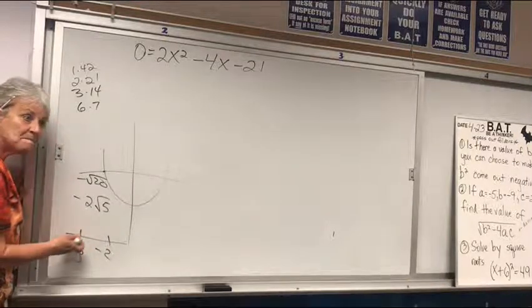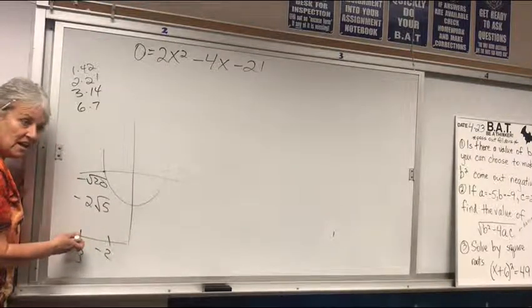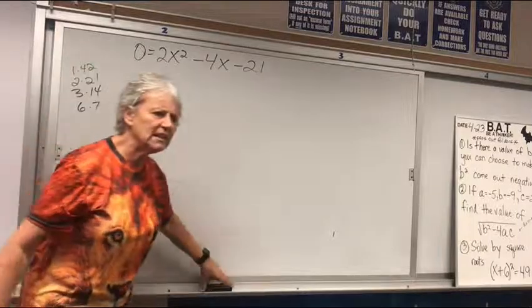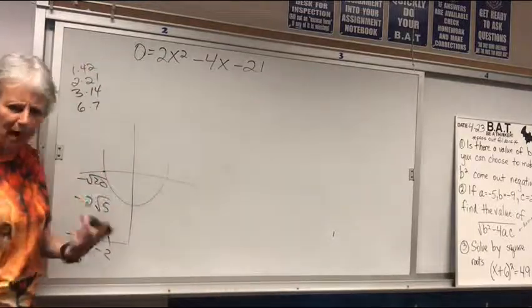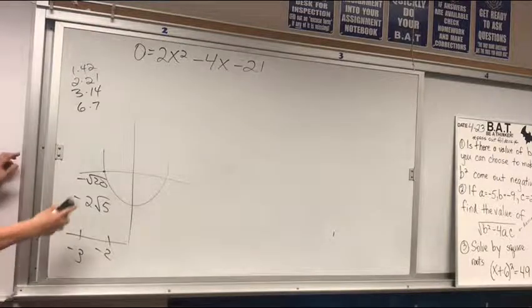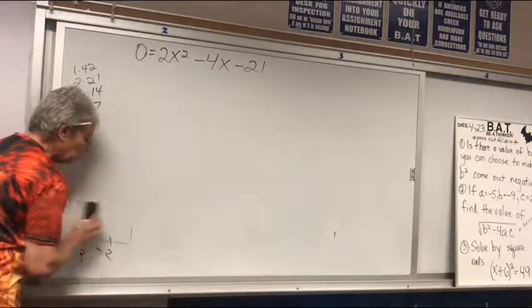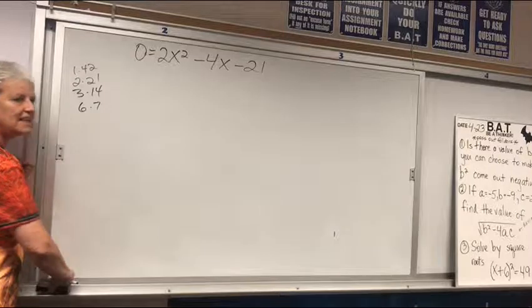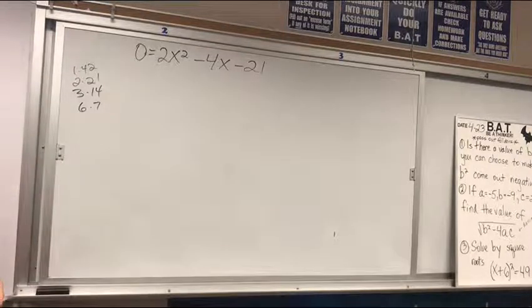It's there. Well, you have to graph it one day. No, you're not going to graph it, because radical 5 is an approximation of 2 point something. Now I'm going to show you how to get an answer in radical form and in decimal form, okay?